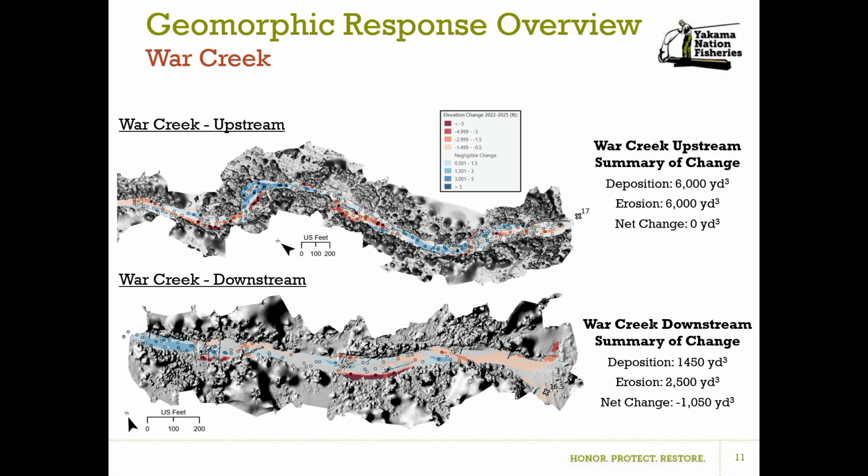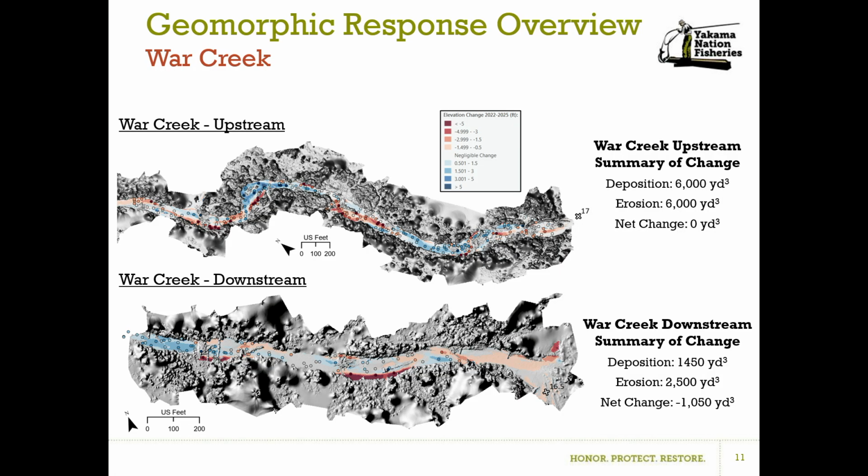So when you look at the whole reach on one slide, it's fairly difficult to see what's going on there. But you do see specific locations where there are both aggradation or deposition of material and erosion.